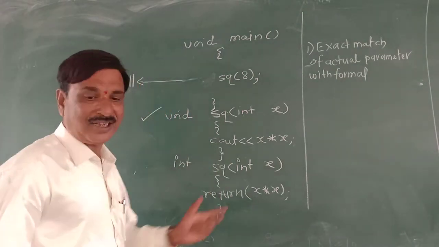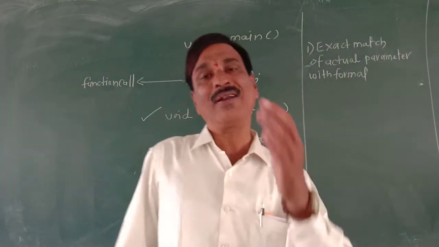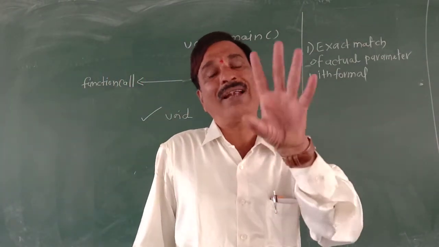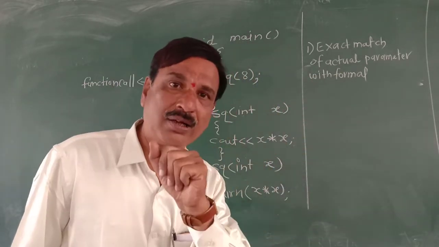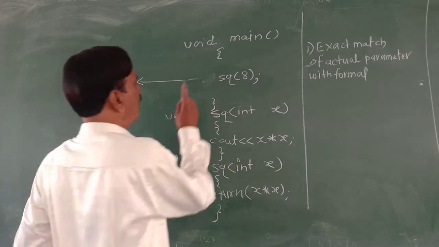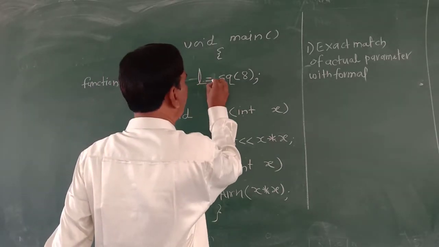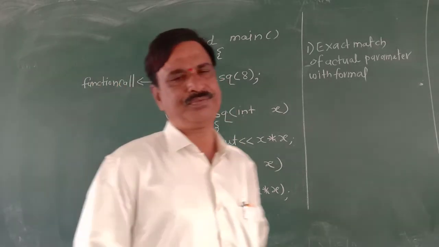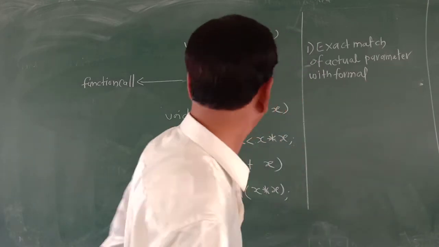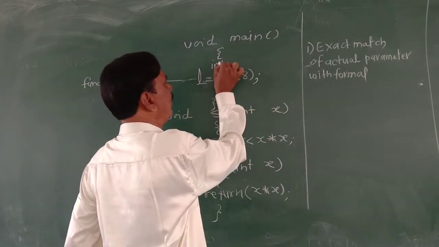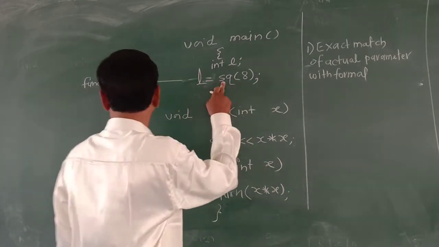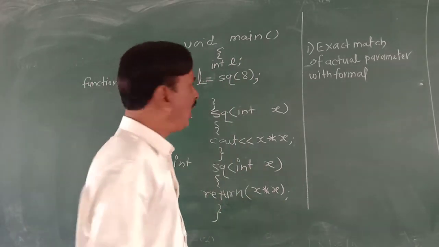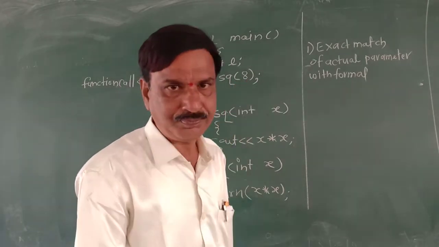Now, let us see what the call should be. What type of function call should it be in order for the compiler to select the second function? Suppose you say L is equal to SQ of 8. You see here integer L. Now look, SQ function is called with actual parameter 8.